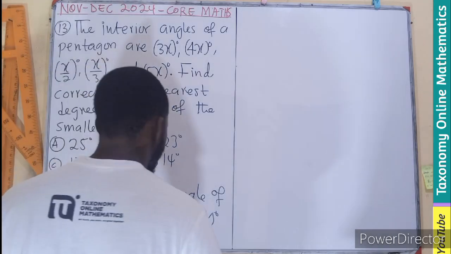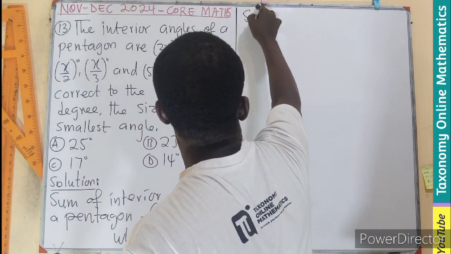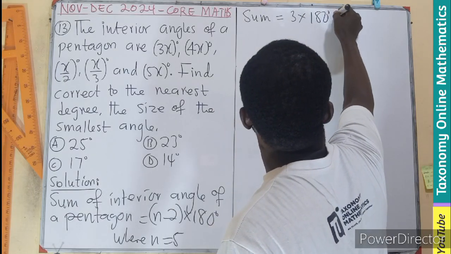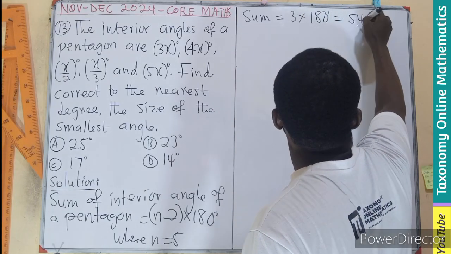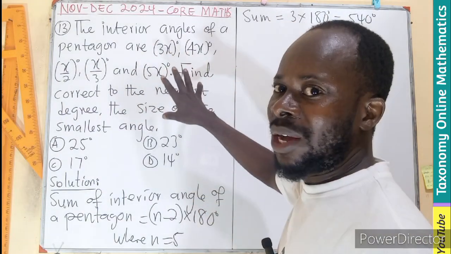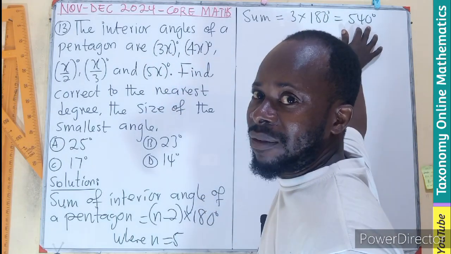So we put the value in there. Let me just use: sum equals 3 times 180, and that gives us 540 degrees. That means the sum of all these 5 angles will actually give us 540.